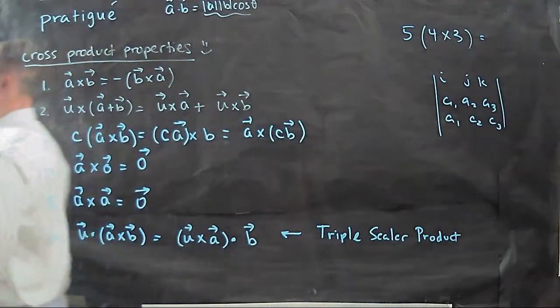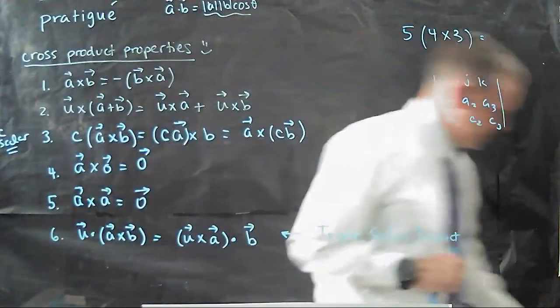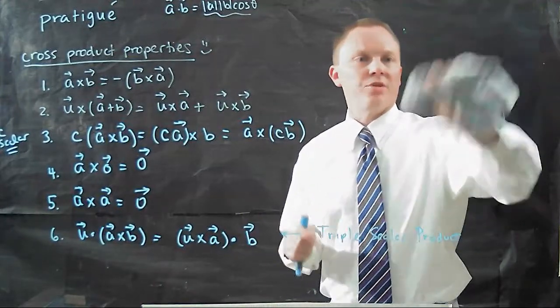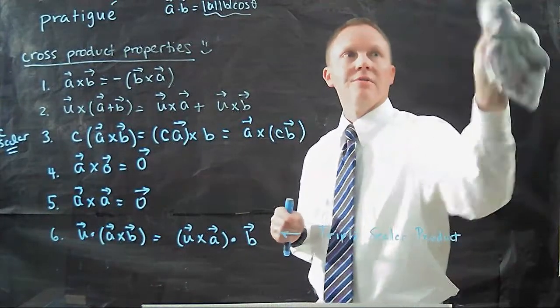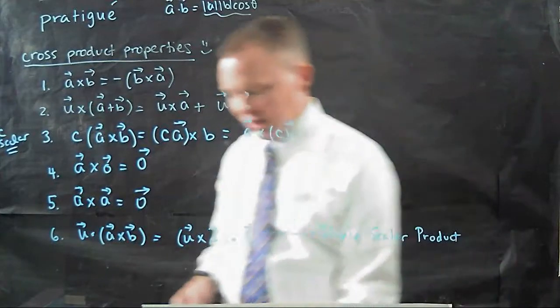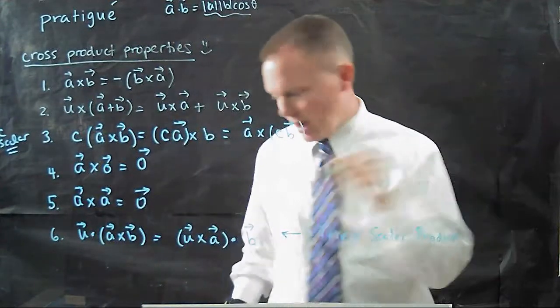It's called the triple scalar product, and there's some interesting geometry to it.